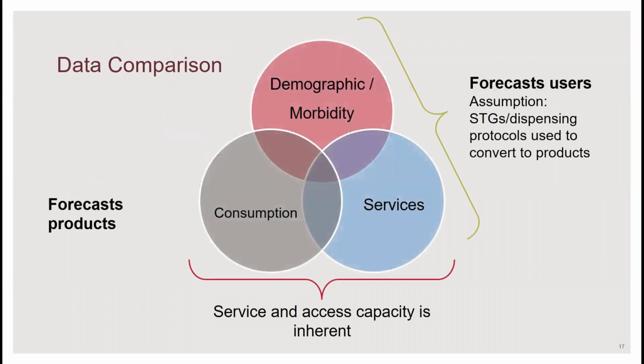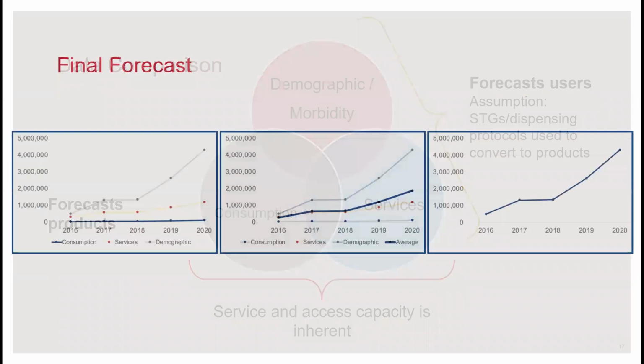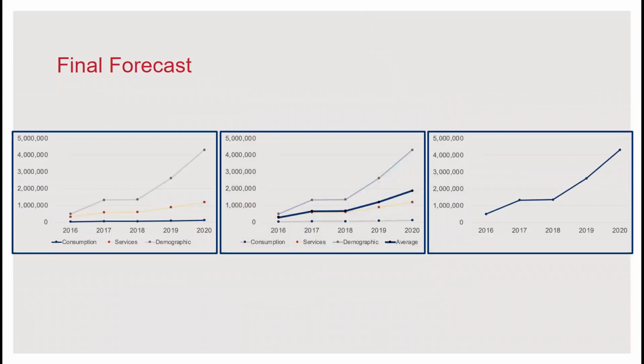We mentioned the importance of trying to produce forecasts using as many data sources as possible, and then reconciling the forecast to produce a single final forecast. And again, the final forecast will be the predicted quantities of products to be consumed or used each year of the forecast period, or the demand.